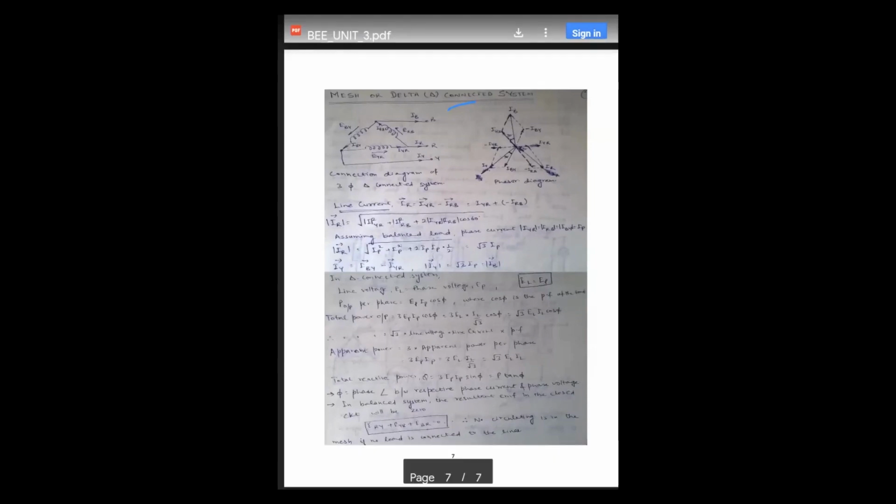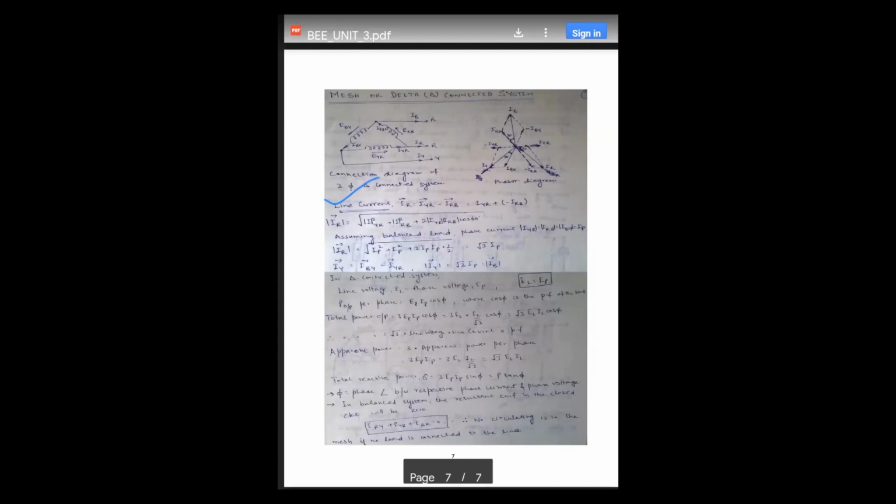Now we will calculate the relationship between the line current and the phase current. So this is IYR, and this is IR. We will use the formula a square plus b square plus 2ab cos of the angle between them. The angle between them is 60 degrees, so cos 60 is substituted.